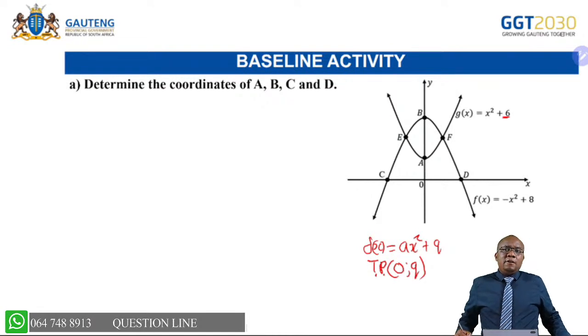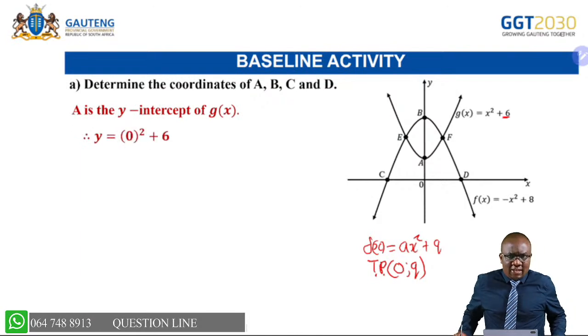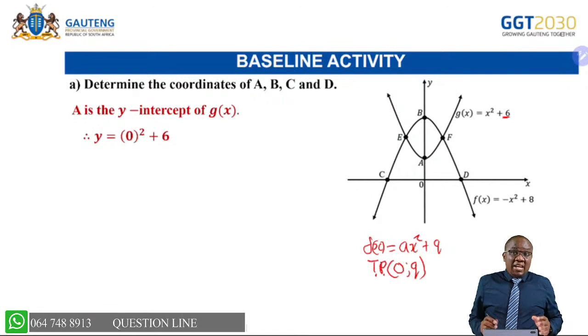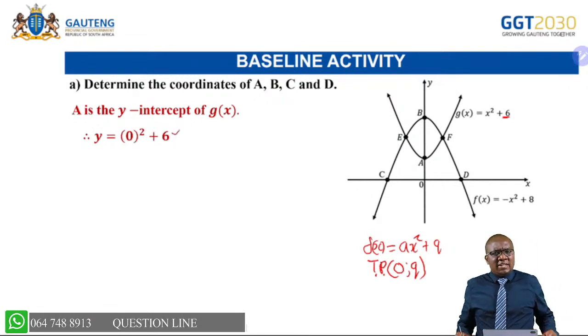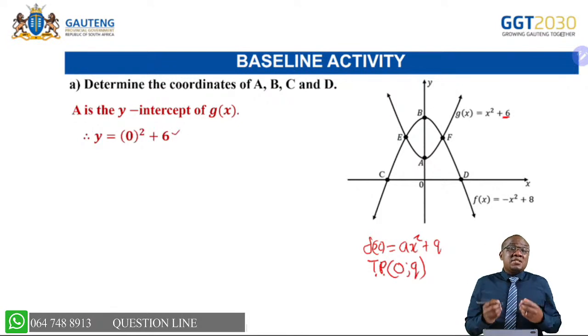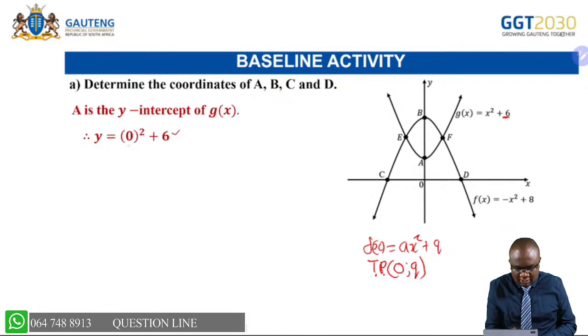If you are treating it like a y-intercept, where there's x, put 0. Now you can see I've substituted here. Just put this in the calculator and see what you're getting. Don't wait for me, because in the examination you're going to be using calculators. The question was g of x.